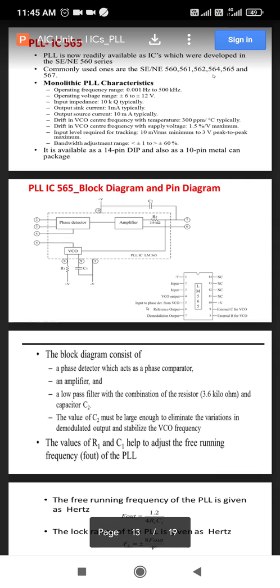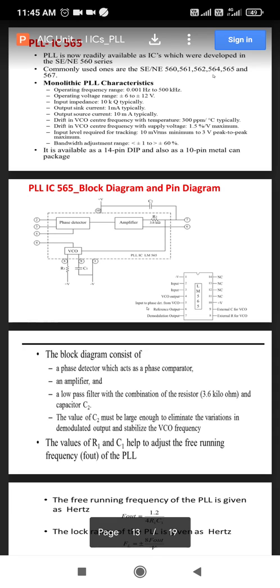The first important point related to the pin diagram of IC 565 is that it has a total of 14 pins. It is a dual inline package, DIP, meaning 7 pins are on the left hand side and 7 pins on the right hand side.